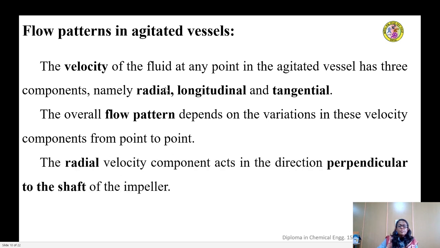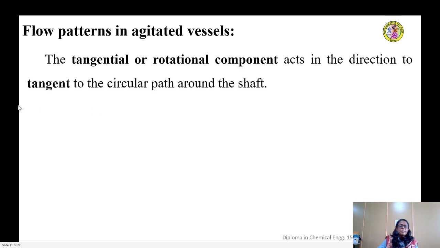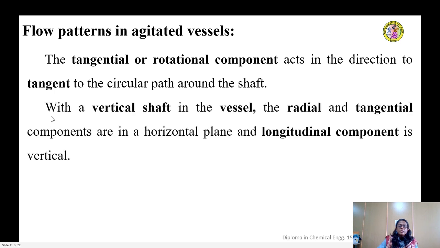The radial velocity component, that is the first one, acts in the direction perpendicular to the shaft of the impeller, so the currents produced will also be perpendicular to the shaft. The tangential or rotational component acts in a direction tangent to the circular path around the shaft. These are capable of creating circular flow currents, which are mostly undesirable. With a vertical shaft in the vessel, the radial and tangential components are in a horizontal plane and the longitudinal component is vertical.